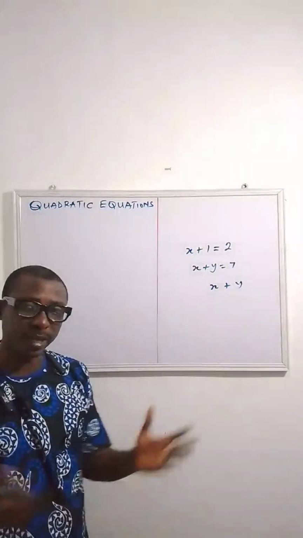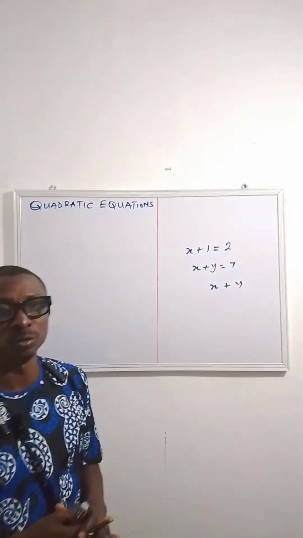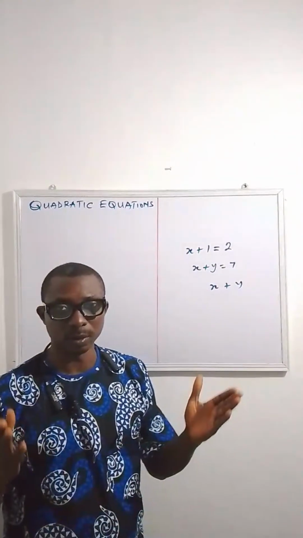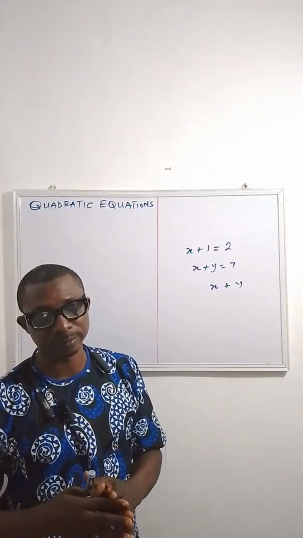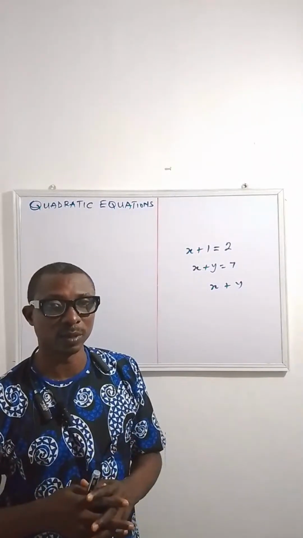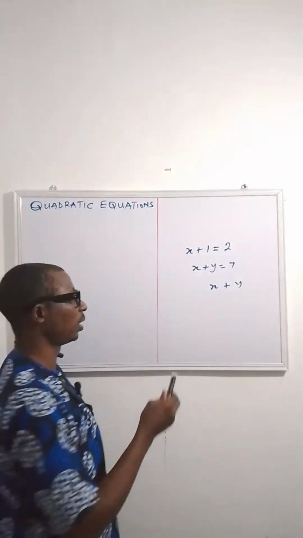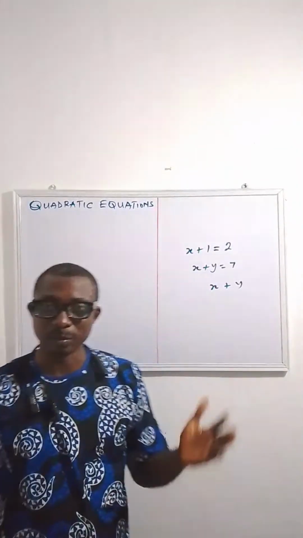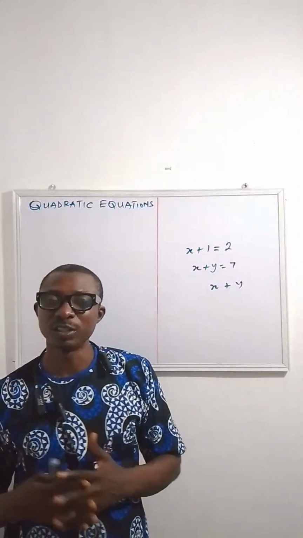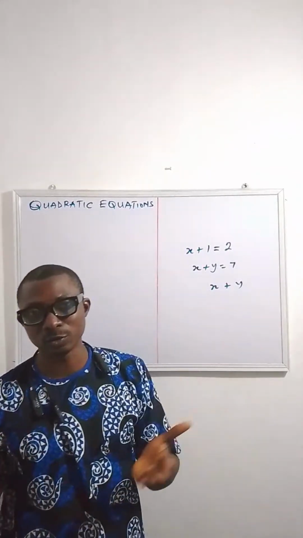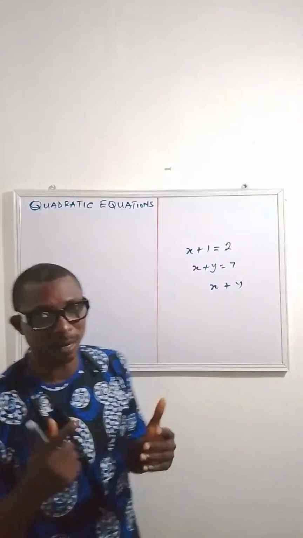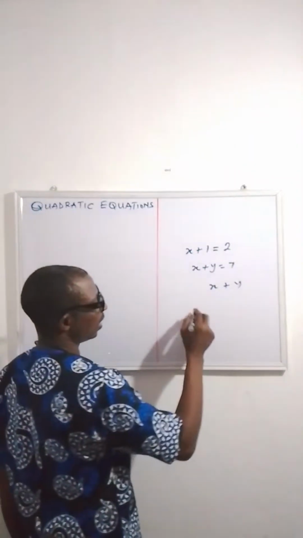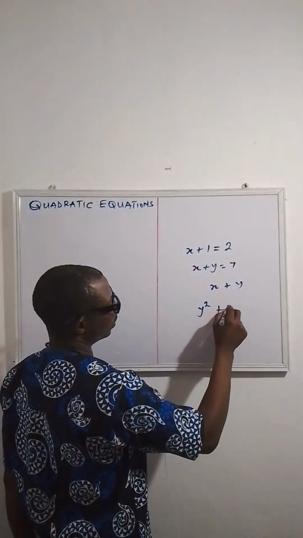Then we can now move down to quadratic expression, and that is what we're going to be starting with. A quadratic expression is a mathematical expression in which the maximum power of the unknown is 2. Let me give you an example: y squared plus 3.